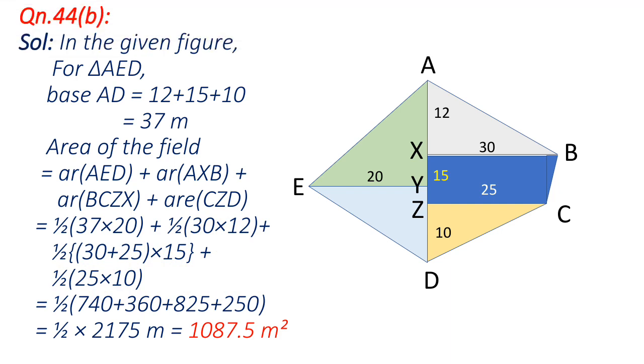So this is the required area of this field. For the calculation we have used the individual parts and then added the areas of those individual parts, correct? So this is how we can calculate the others.